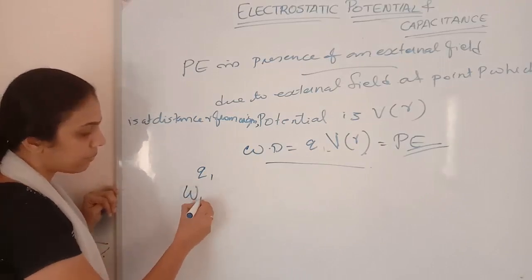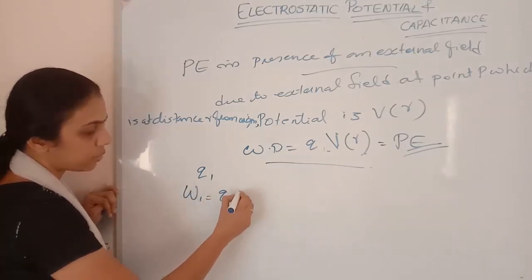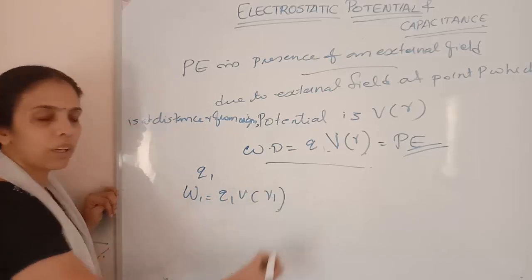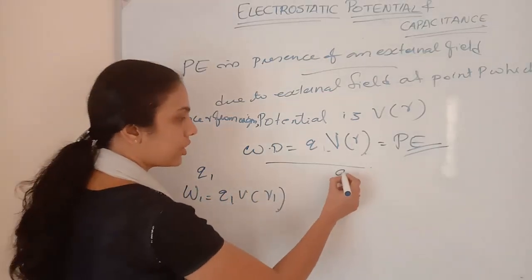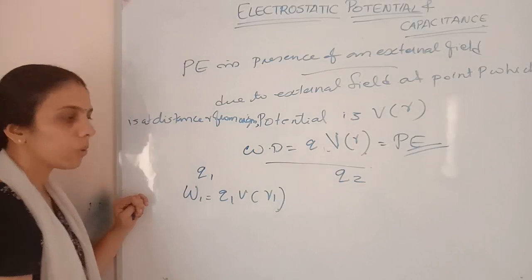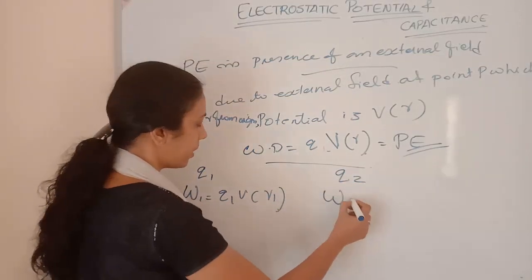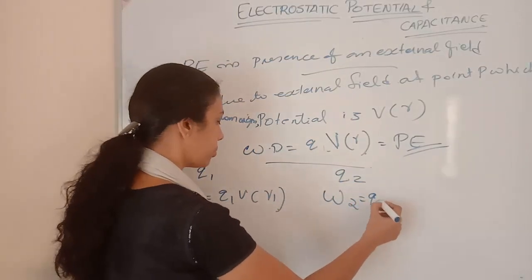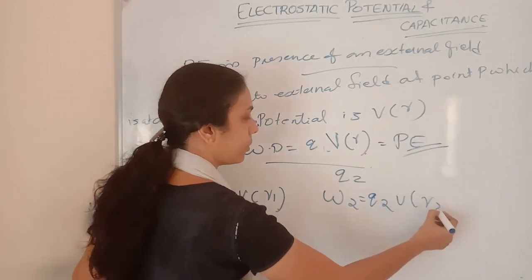The work done will be q1 into V of r1. Now I am bringing another charge q2. What will be the work done due to that? Work done will be q2 into V of r2.